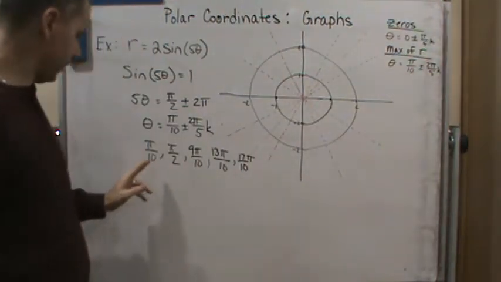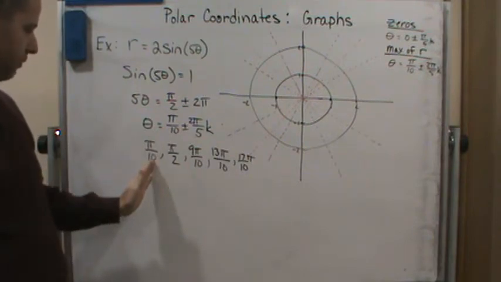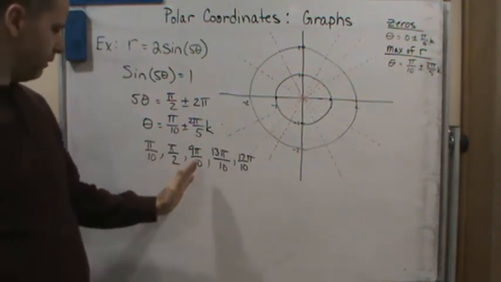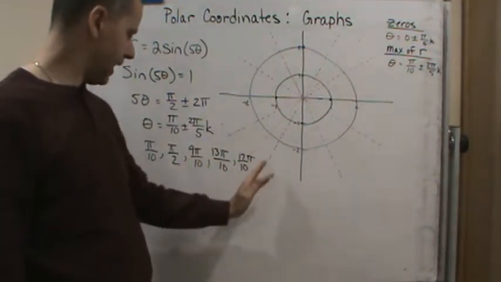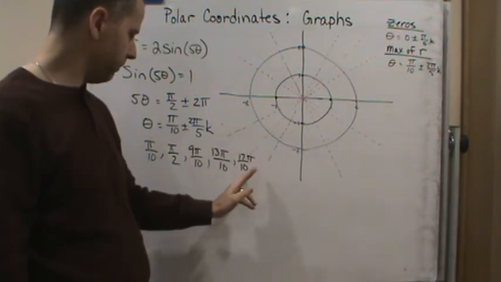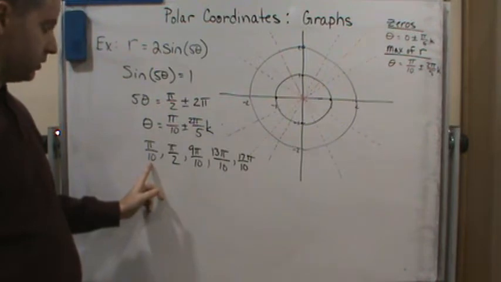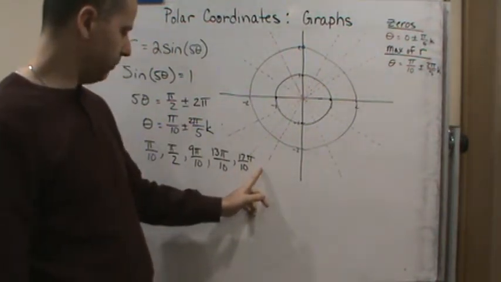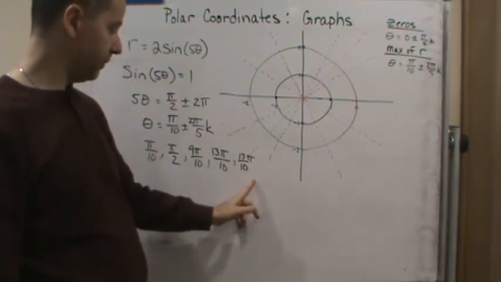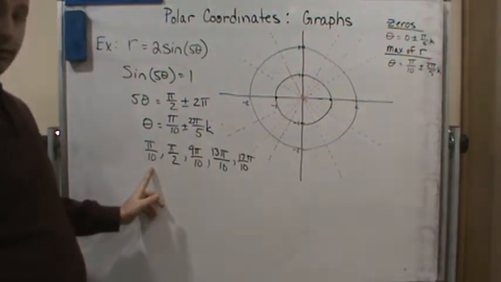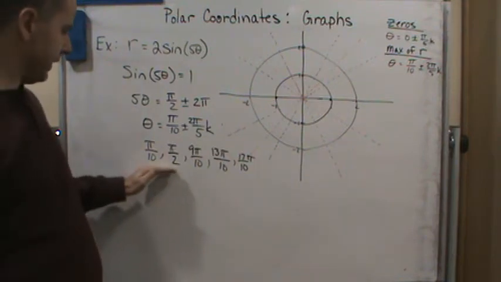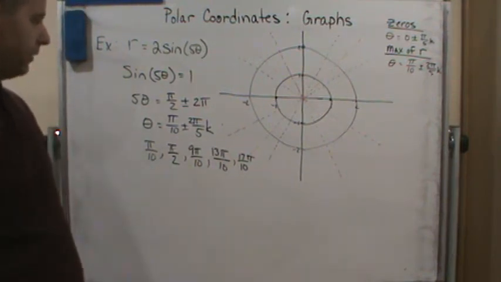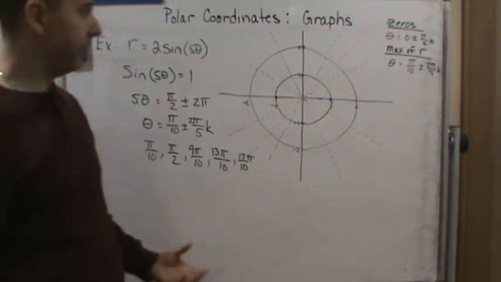So if you start at pi over 10 and add 2 pi over 5 five times, the very next one is going to bring me back to here, because that will give me 21 pi over 10, which is 1 revolution back to pi over 10. Okay, so these are the angles where I'm going to find those petals. Again, this should make sense, right?